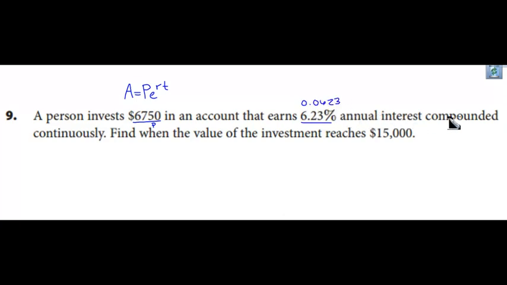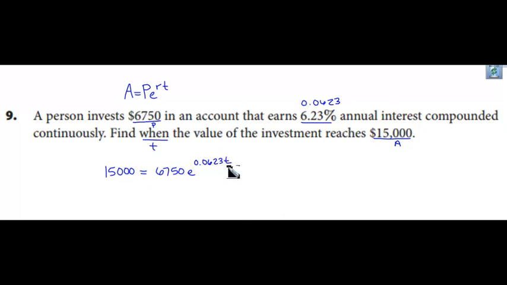The annual interest is compounded continuously. Find when the value of the investment reaches $15,000. So let's set up our problem. 15,000 is equal to 6,750 E to the 0.0623 T.